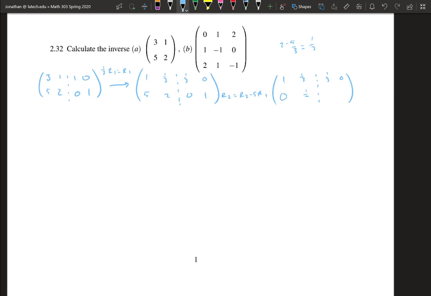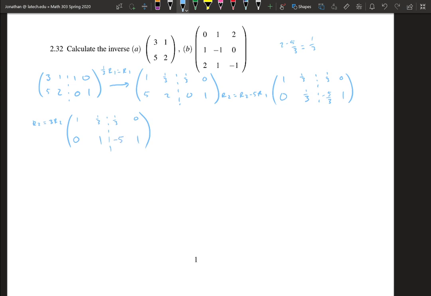So 1/3 goes there. 0 minus 5/3 is negative 5/3. And then 1 minus 0 is 1. Now I'm going to take row 2 and multiply it by 3, so row 2 equals 3 times row 2. So 1, 1/3, 1/3, 0, 0, 1, negative 5, 1.